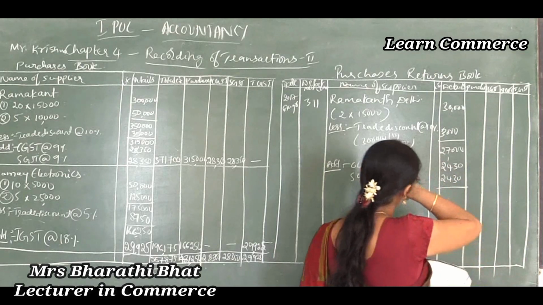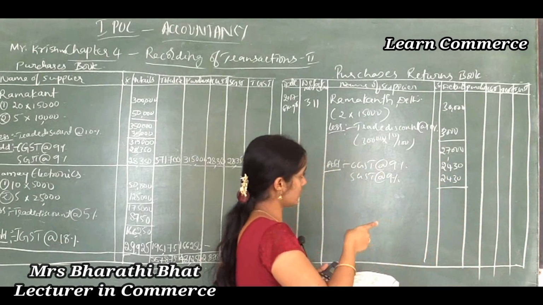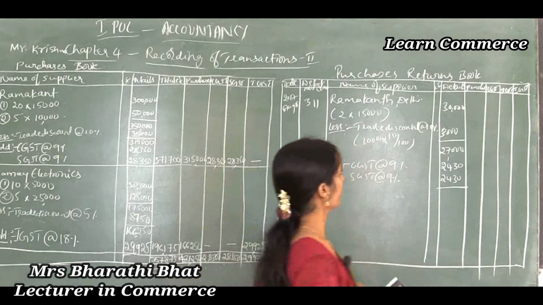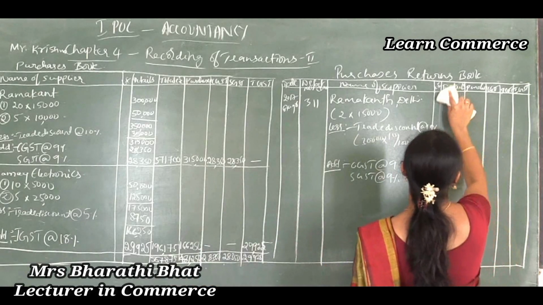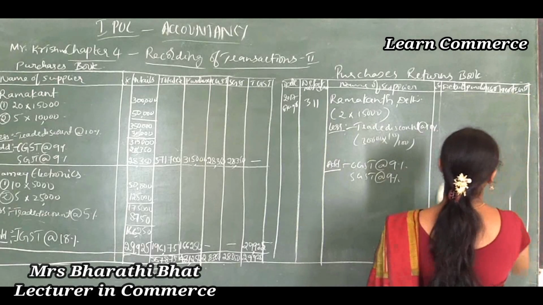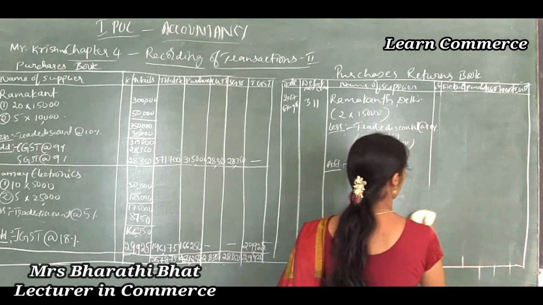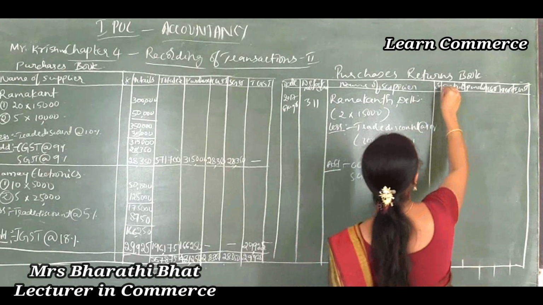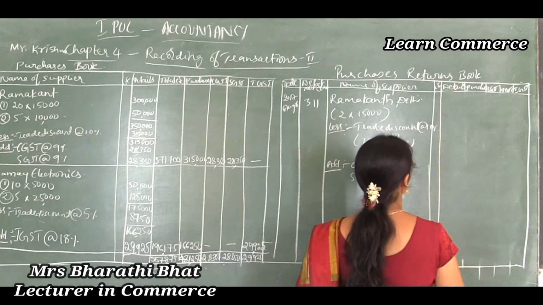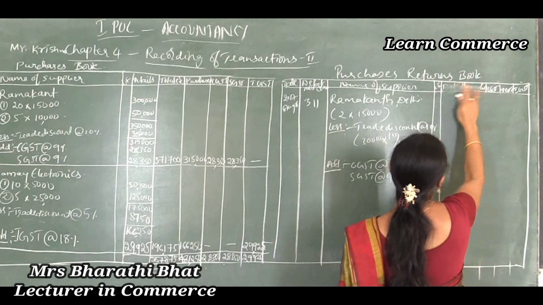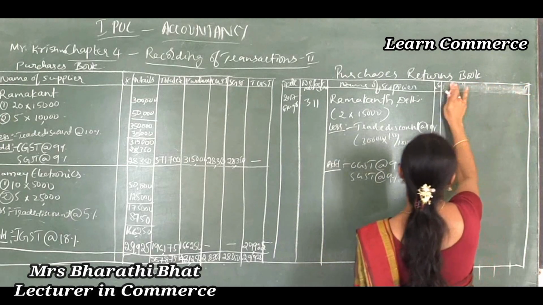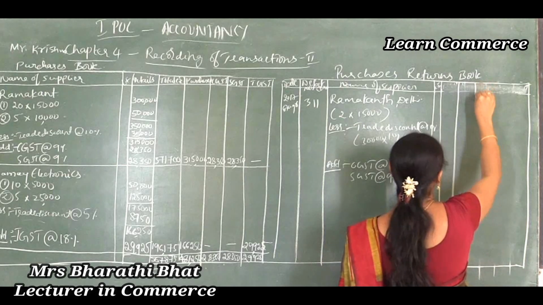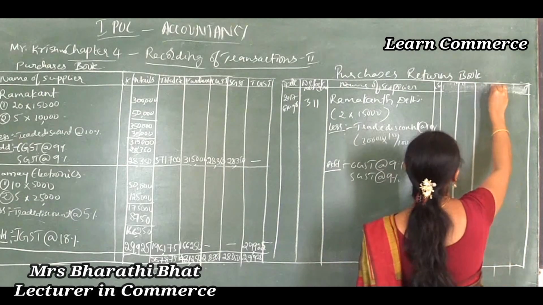Now write the total amount. Here one column I skipped. Total column is required here. I will erase this and again details, total, purchases.